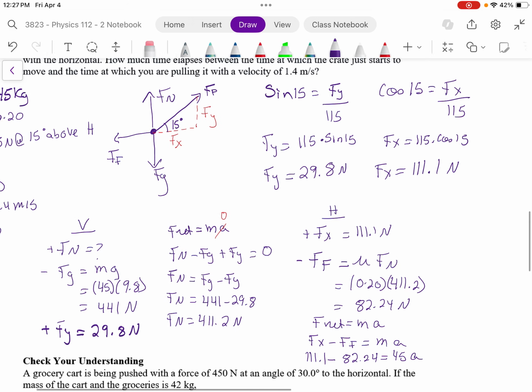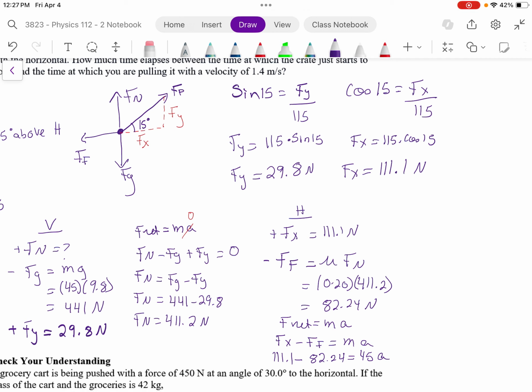When we do that subtraction, we get 28.86 equals 45a, and we divide by 45 on both sides. And so a is equal to 0.64 meters per second squared.